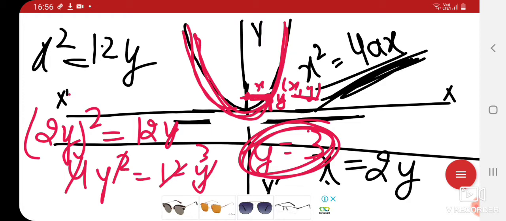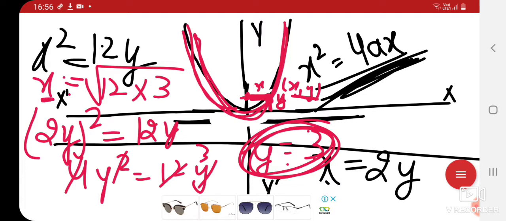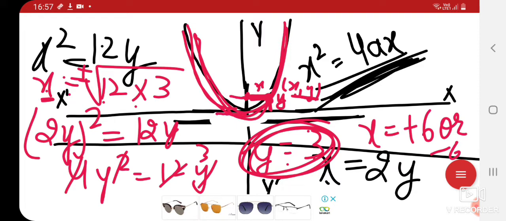Okay, you can prove this by putting here also 12 into 3, and its root will be our x. That root can be positive and negative. That means the x value is equal to positive 6 or negative 6, right?